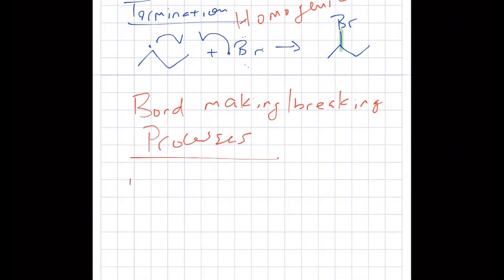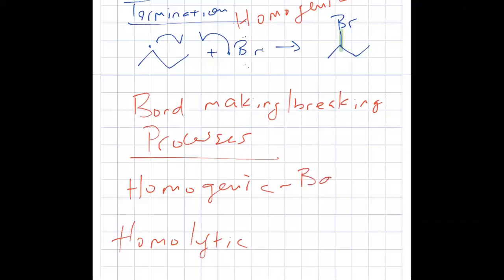So you have homogenic and homolytic. For homogenic, both atoms supply one electron, kind of like what we see in that termination step up top.